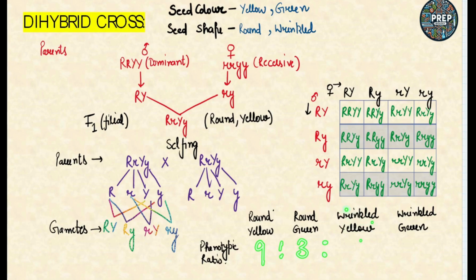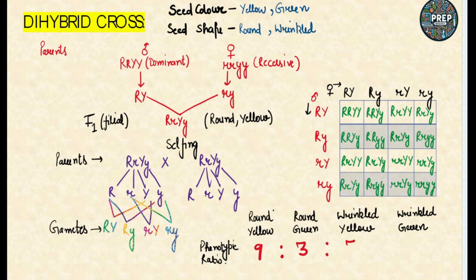For wrinkled we require small r and yellow capital Y. So we have small r capital Y 1, 2, 3. So this is 3.